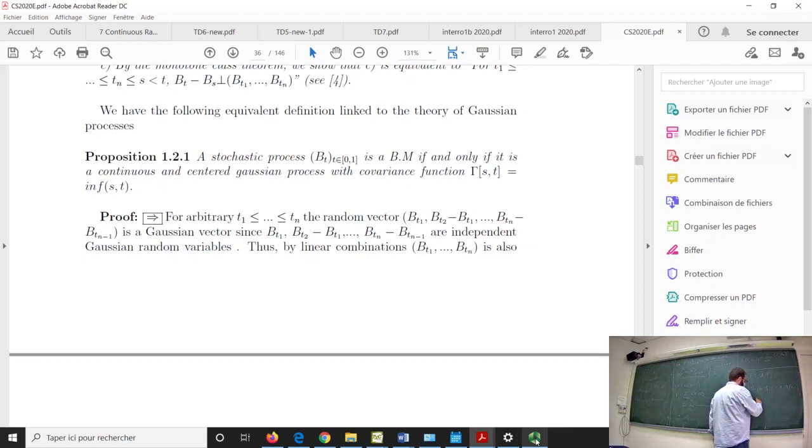So I_N is something from L2 of 0 to capital T into L2 of omega, A, P, and it associates to any element f of L2 of 0 to capital T the following sum: the sum from n equal to 0 to capital N of the coefficient in my decomposition, f_n, and instead of multiplying by the element of my basis of L2 of 0 to capital T, I put a Gn here.